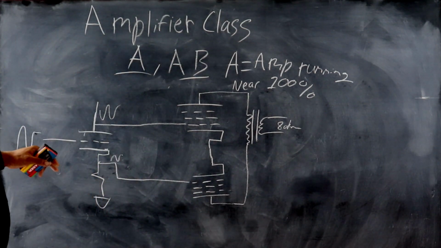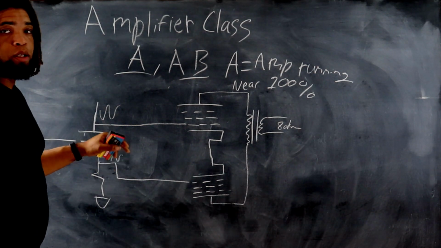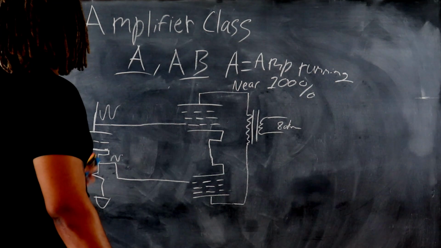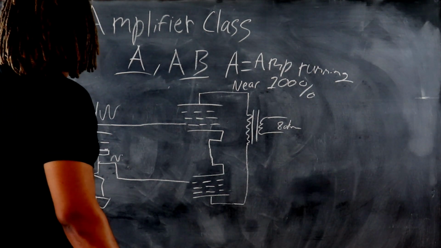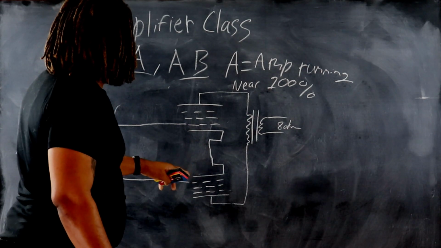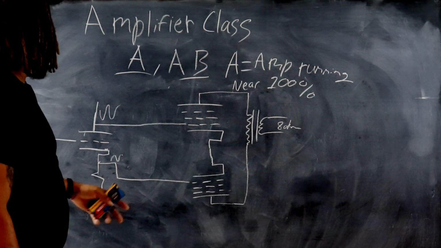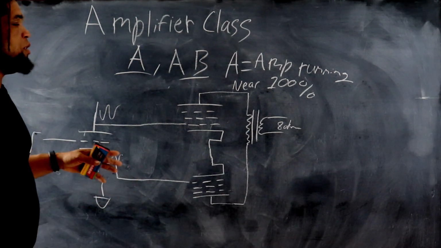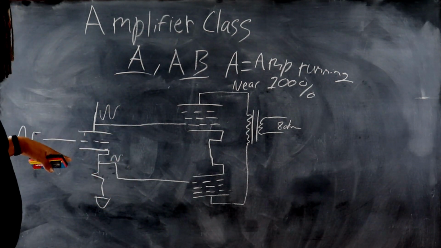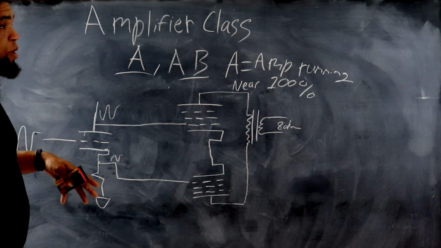And of course, in a scenario like this, we'd want them to both be the same voltage, right? So we want to get those signals as close as possible. So one tube is going to get the inverted, and one tube is going to get the non-inverted. Now this is a basic topology for a Class AB push-pull amplifier. Now why do we call this push-pull?